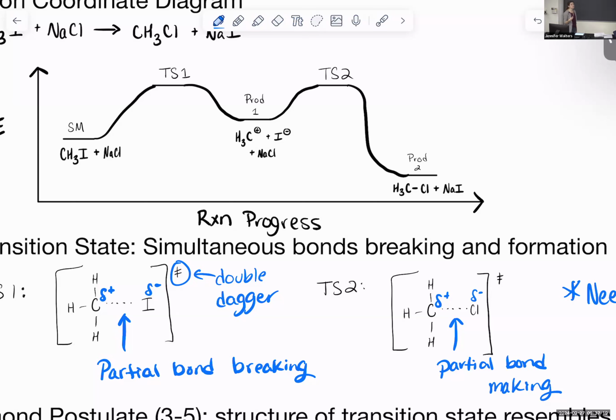You'll see in textbooks a lot, they'll frequently just put partial negatives willy-nilly, and they'll just be like, this is going to be partial negative, and that'll be partial positive, regardless of whether or not this is actually endothermic or exothermic. Usually, that is done if you don't know if it's exothermic or endothermic. If you know that you are exothermic or endothermic, then you can apply the charges because you know what you are closer in energy to, right?